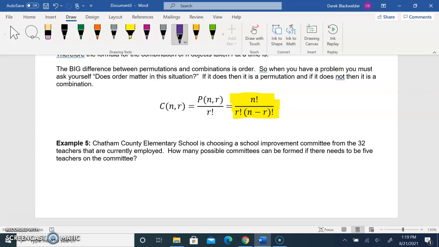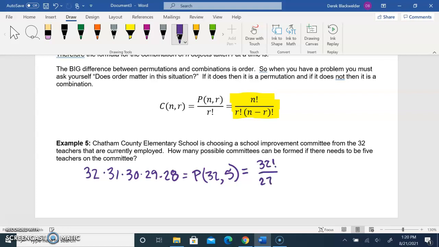Then we would choose 32 and then times 31 and then 30 and then 29 and 28. That would be a permutation of 32, choose 5.